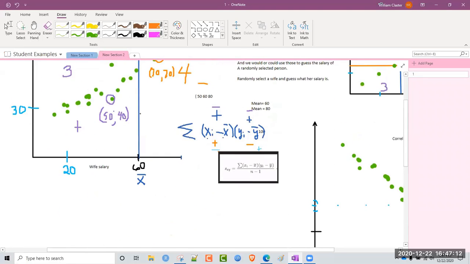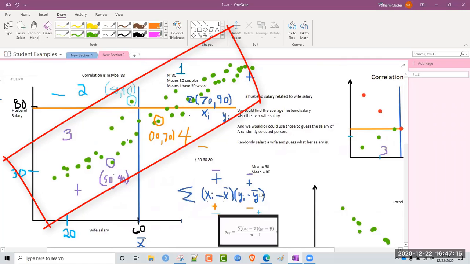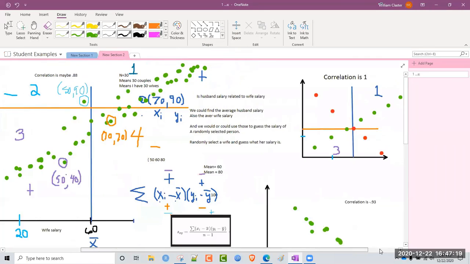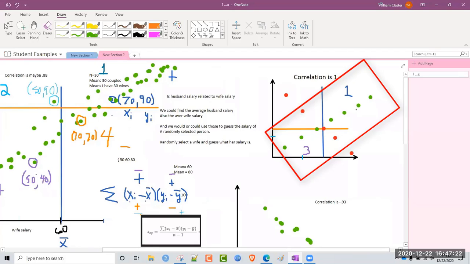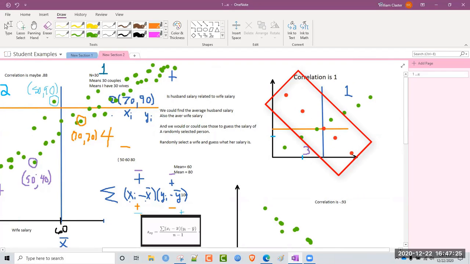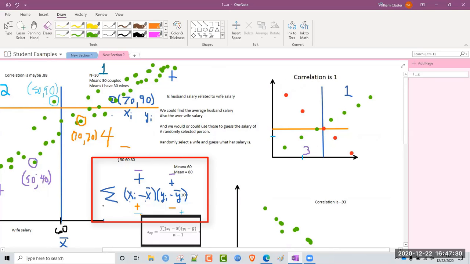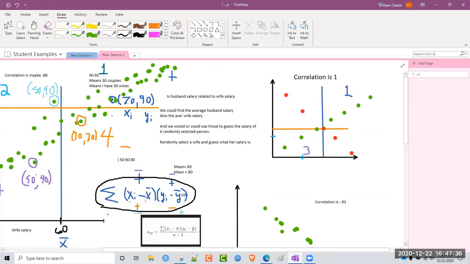Okay, but for the other ones, for the green dots, it's going to be a very large positive number. For the red dots, it's going to be a very large negative number. So this sum tells us a lot about the configuration of the dots. If I get perfect positive correlation, this sum is going to be big. If I get perfect negative correlation, this sum is going to be big but negative.